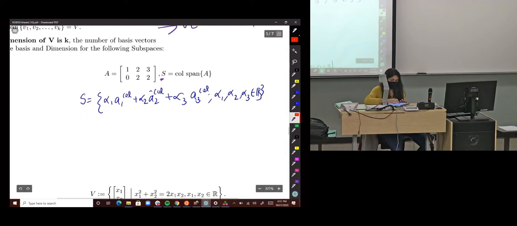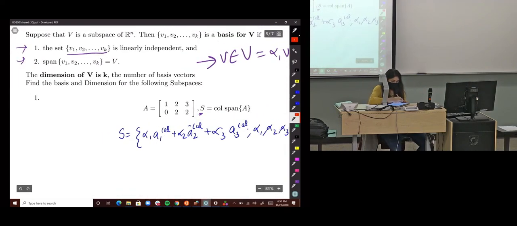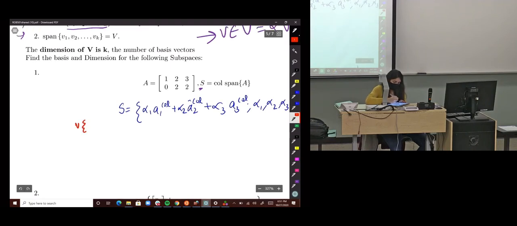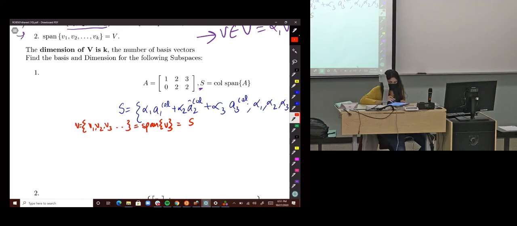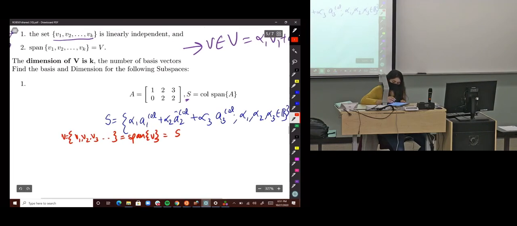Next thing we need to see is I want to find a set of vectors V such that V1, V2, V3, and so on can define the set S. So the span of V is the set S. So let's do the second property first.